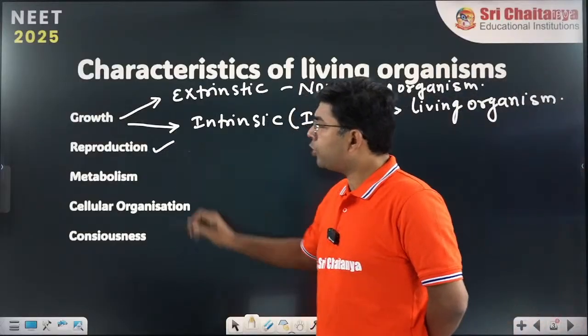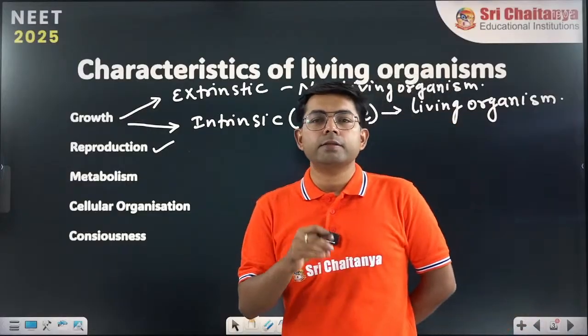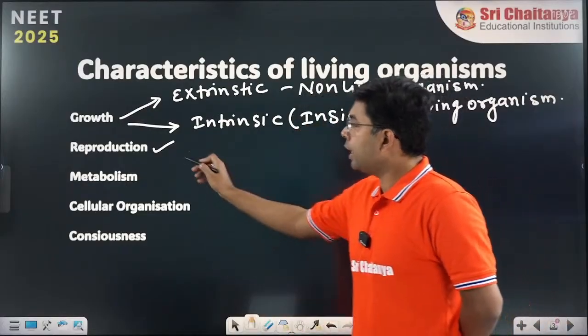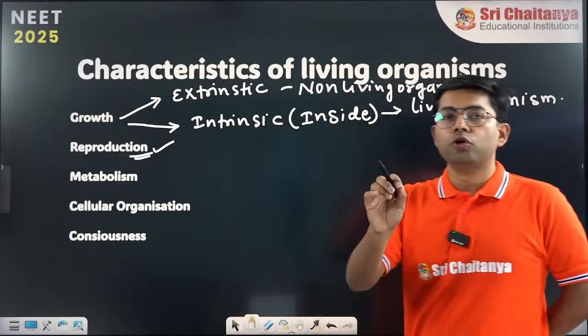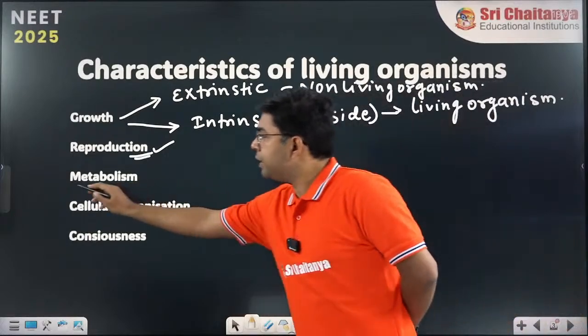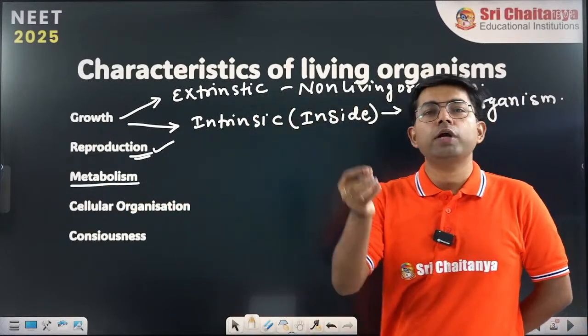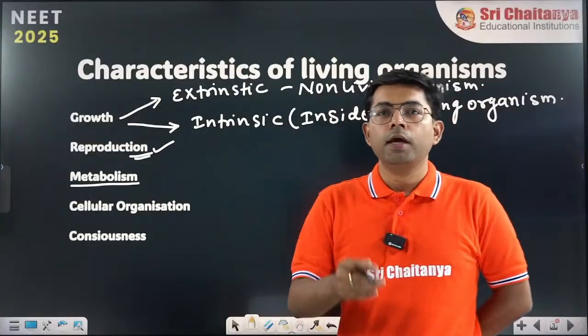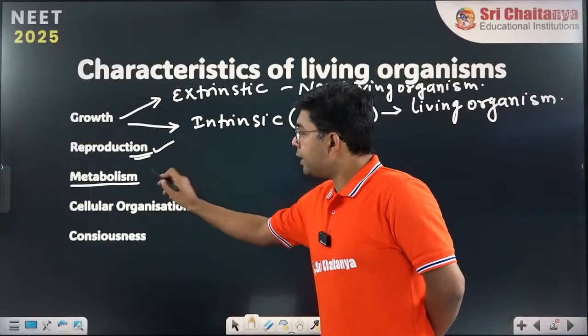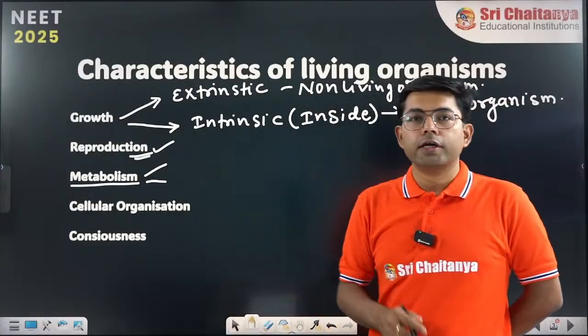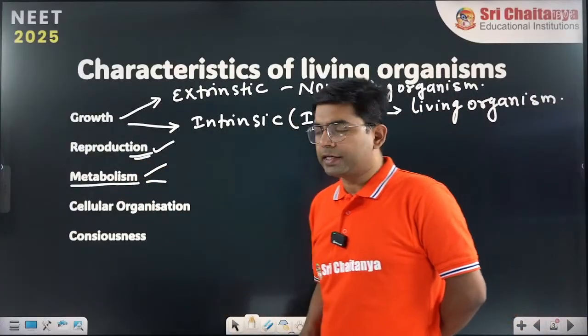Then we saw reproduction. Many organisms reproduce, but there are many living organisms which do not reproduce. Then we saw metabolism, which includes anabolism and catabolism, and both are present in living organisms, so it is a defining character.